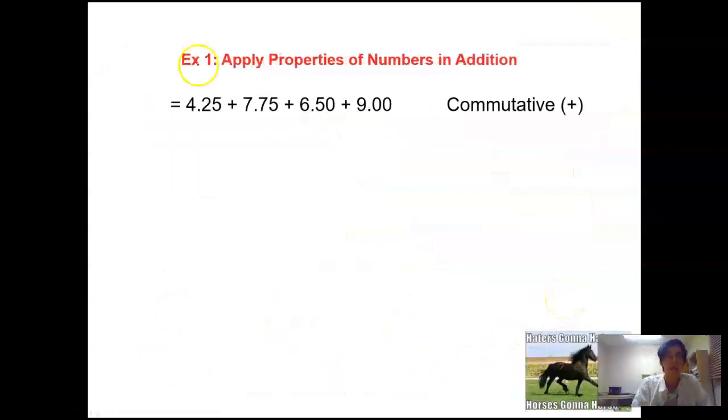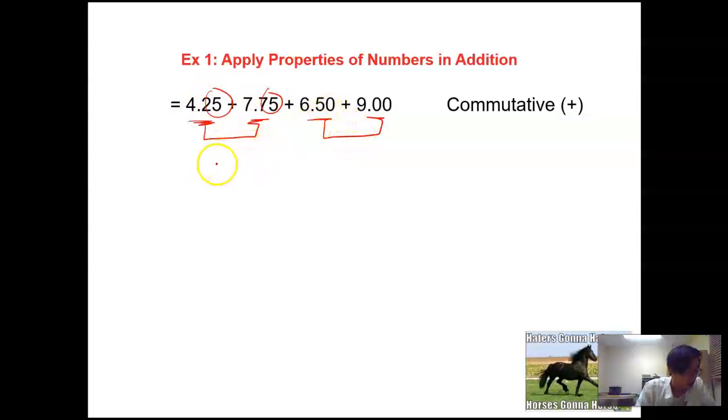Okay, so I'm going to do commutative property. That's practically what I did. I just grouped these two together, and I moved them around so that 25 cents and then 75 cents will equal $1. That's easier mental calculation in my head. So, when I add this up, this will actually be $12 plus 15.50.